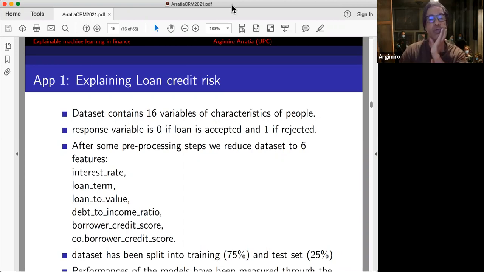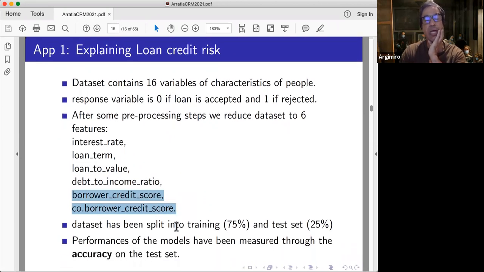So we end up with a data set of 6 features, which are the interest rate, the loan term, loan to value, the debt to income ratio, the borrower credit score, and the co-borrower's credit score, if he has a wife or husband. Now, as you always do in machine learning, you train your model with 75% of your data, and then you test it on the other 25% of the data.